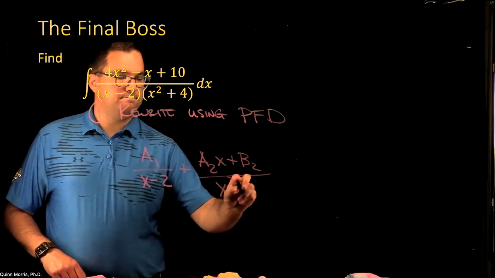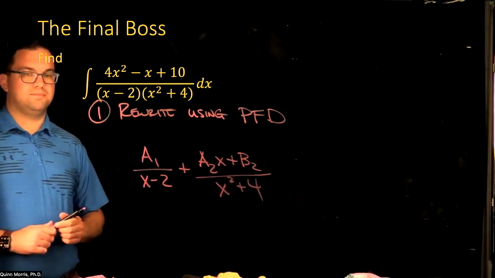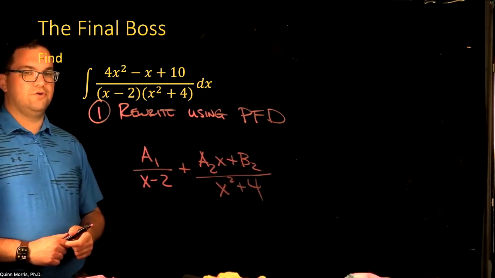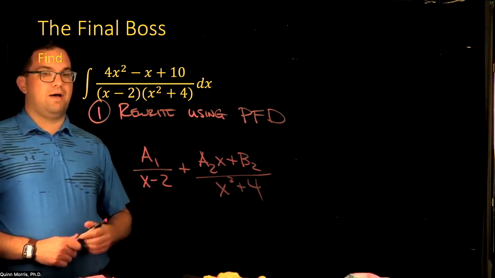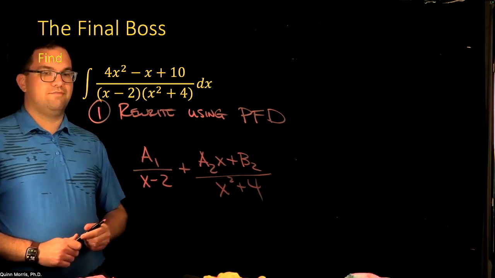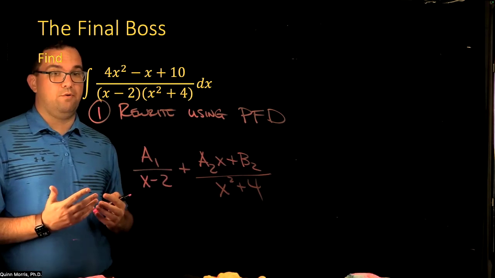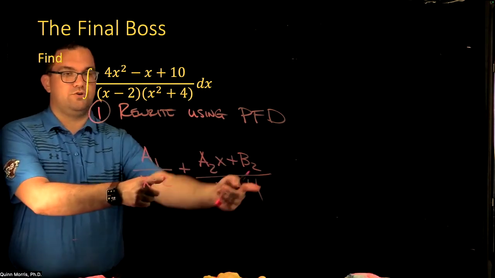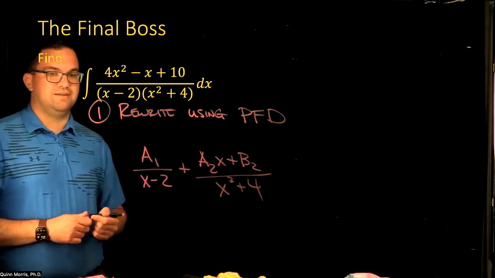Okay, so I want a1 divided by x minus 2, that single linear factor, and then plus a2x plus b2 divided by that irreducible quadratic factor x squared plus 4. Both of the factors only appear to the first power, so we only need one piece for each of them, but we do need one piece for each of the distinct factors.